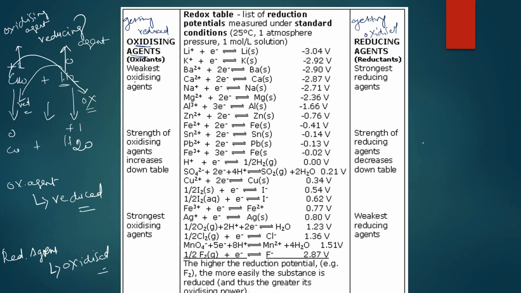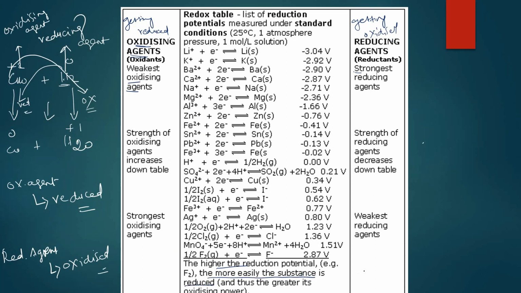Now, the weakest oxidizing agent, the strongest reducing agent, the strength of oxidizing agents and reducing agents. Weakest oxidizing agent means the tendency of reducing the counterpart is less. As we told earlier, the higher the reduction potential, the more easily the substance is reduced.